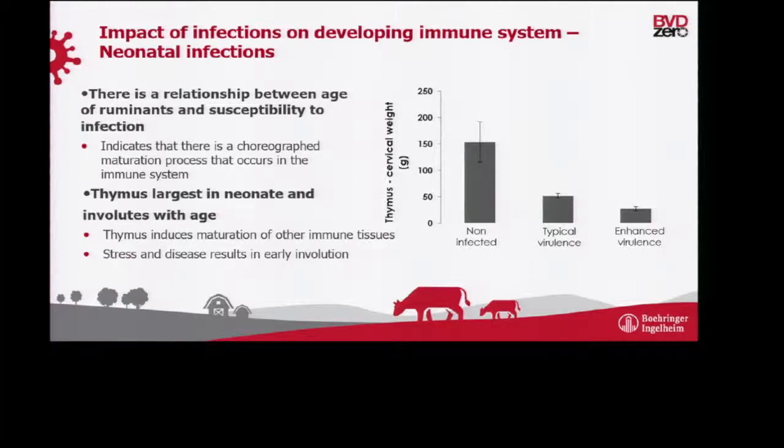That's one of typical virulence, where we might say that we didn't even really see clinical disease, and this is one of enhanced virulence. So you can see, even when we're not saying we have profound clinical disease, we're really knocking a hole in that thymus that you can't recover from. You don't make more thymus, you just function without thymus, and whatever the thymus was supposed to be doing, it's doing it with fewer cells.